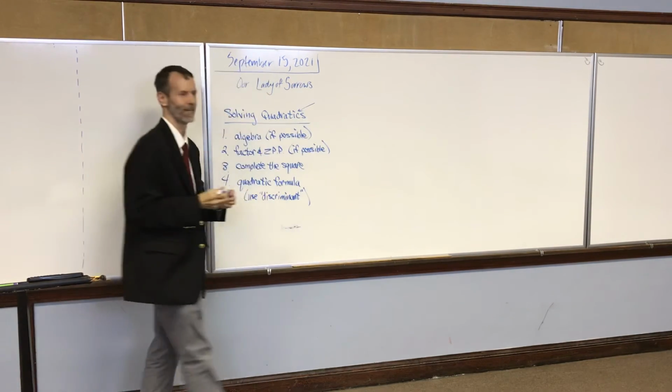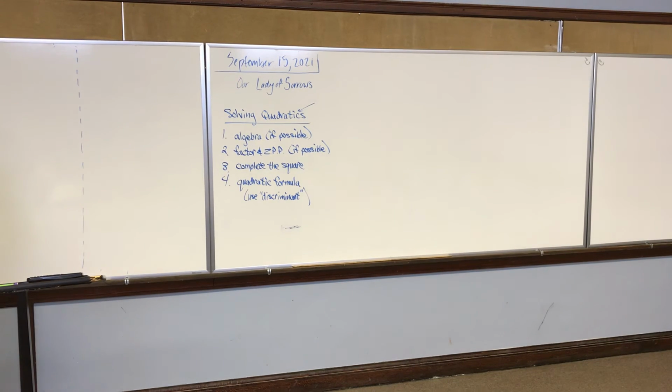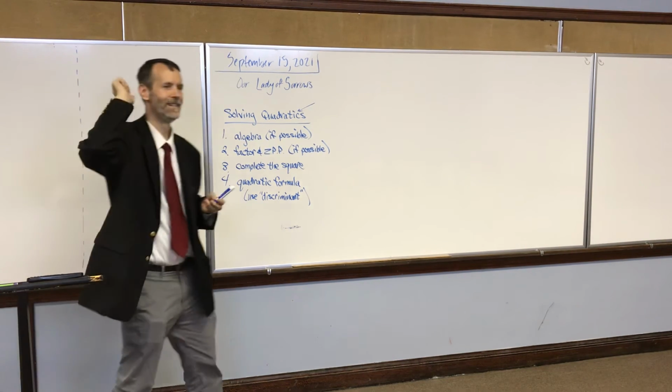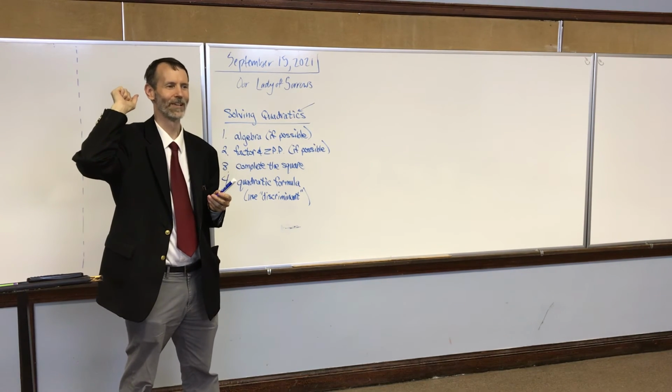First things first, someone please tell me what a quadratic is. What is a quadratic? Yeah, it's a word we're going to talk about. Please, no death penalty for being wrong. Go ahead. Take the plunge.